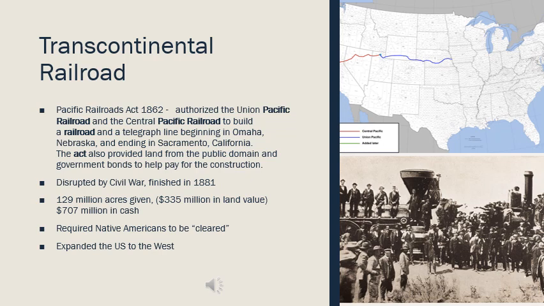So in the case of the railroad, they used eminent domain to actually give railroad companies land, roughly 129 million acres, in order to lay their tracks and build the train stations. This equated to about $335 million in land value. Then they subsidized the building of the railroad for about $707 million in cash value.